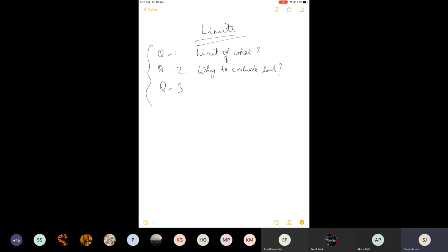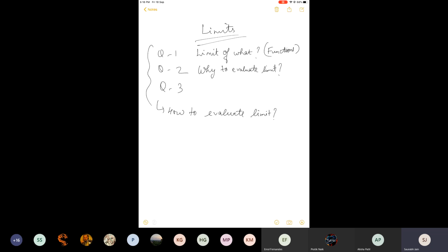And third question is how to evaluate it. After answering these three questions, we will see what actually a limit is and how to evaluate limit. Now that you have studied functions, it is easy to answer: we find limits of functions.